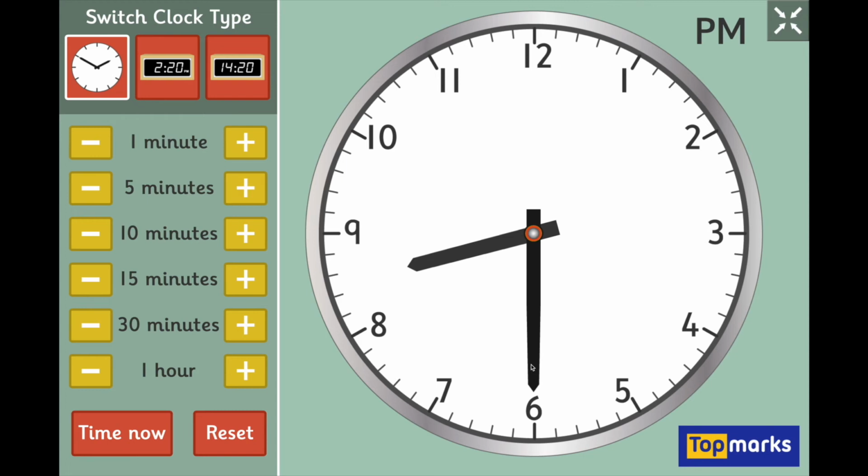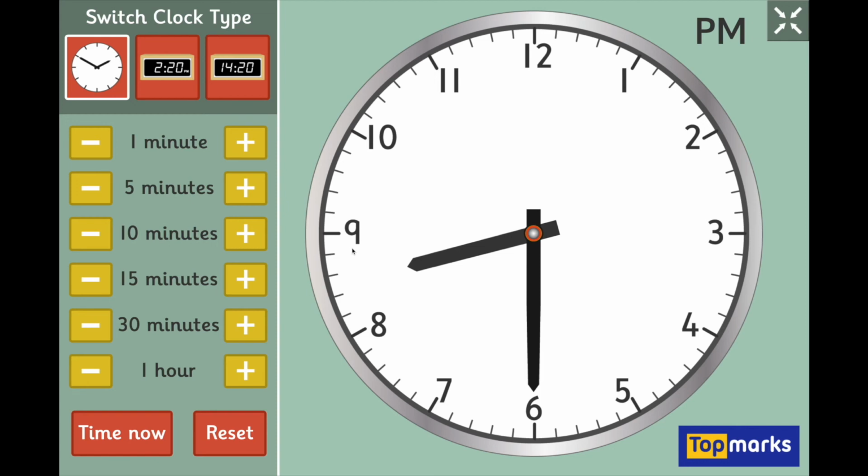But wait, what is different about the hour hand? Is it still pointing at 8? No, it's not. If you notice, the hour hand has moved a little bit past 8. This is because 30 minutes have passed the hour of 8, meaning we are slowly moving on to the next hour, which will be 9.